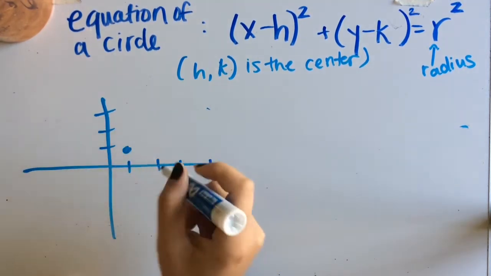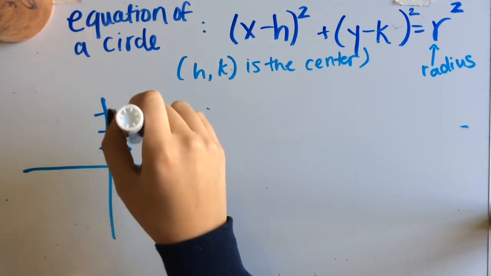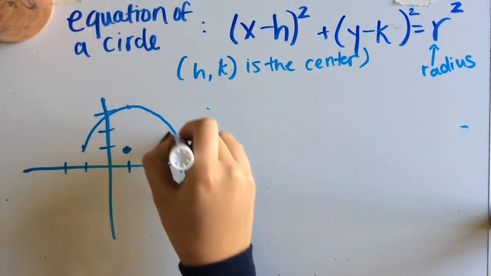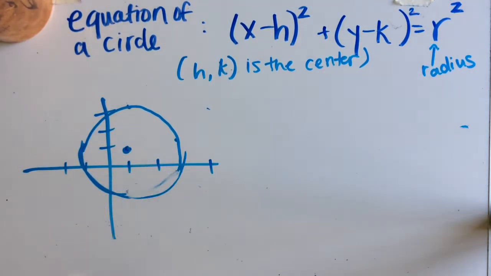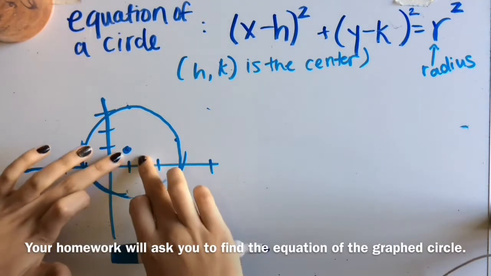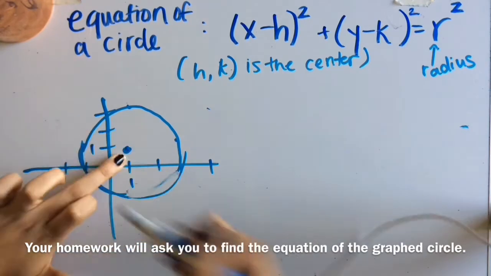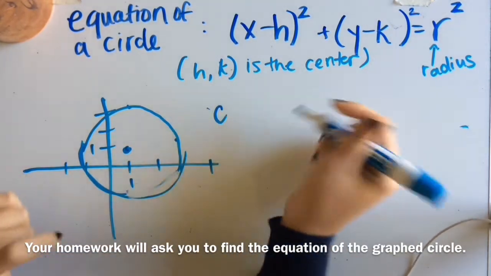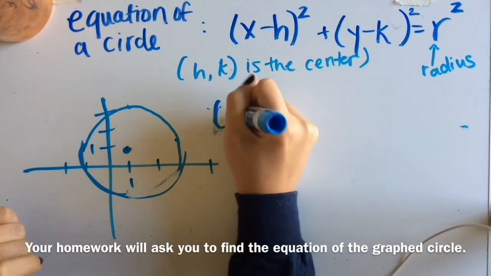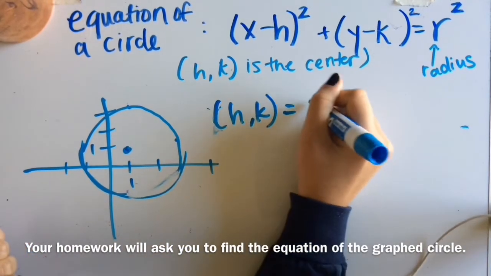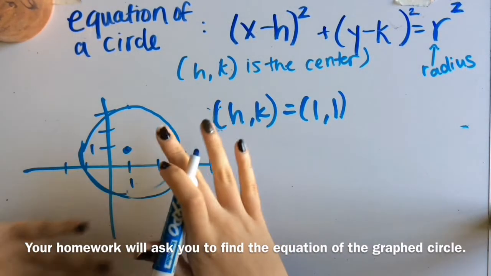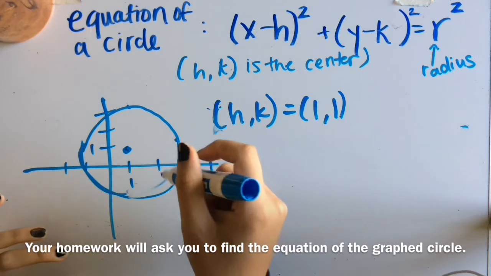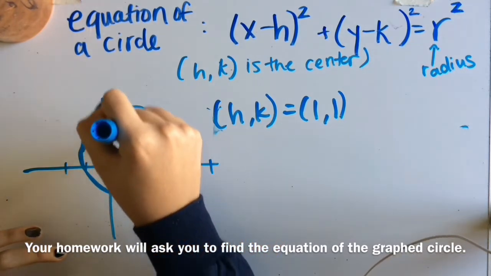Let's say I have a circle that crosses like that. It's hard to draw without a graph. First, you look at your center, and my center right here is 1, 1, so h, k is equal to 1, 1. Then you look at your radius. Ignoring how ugly the circle is, this circle comes up about 2.